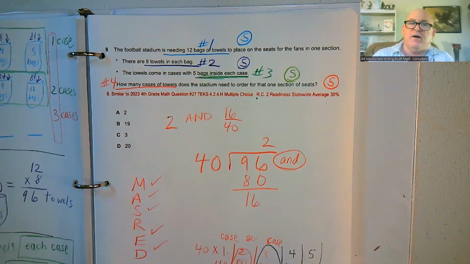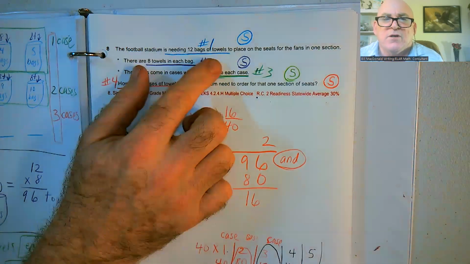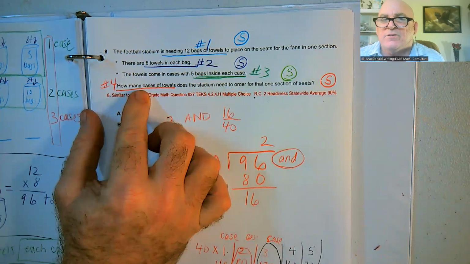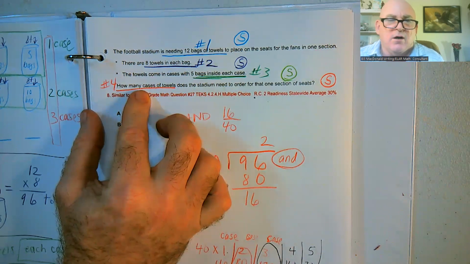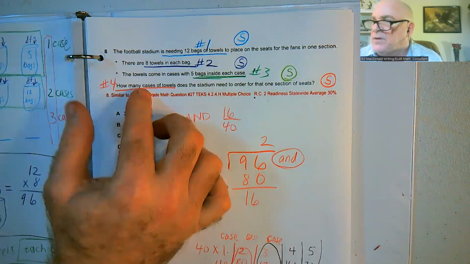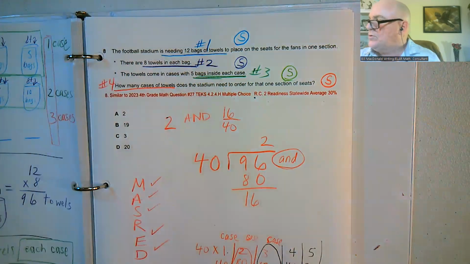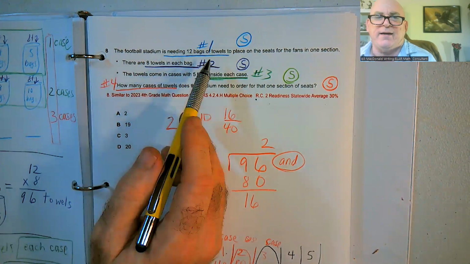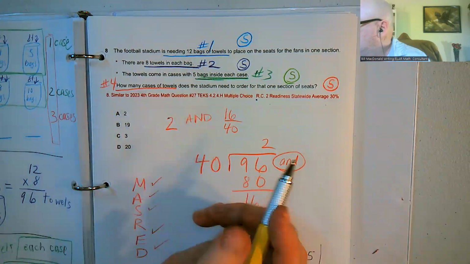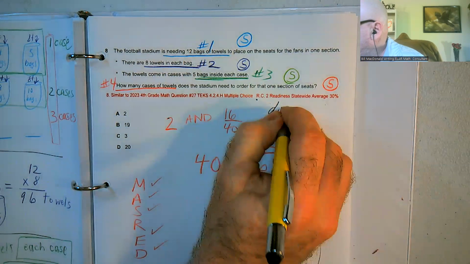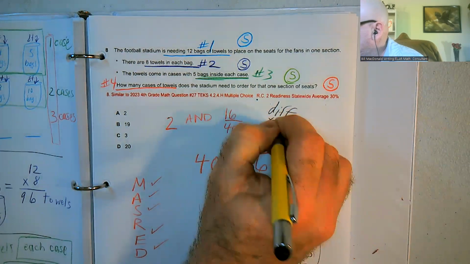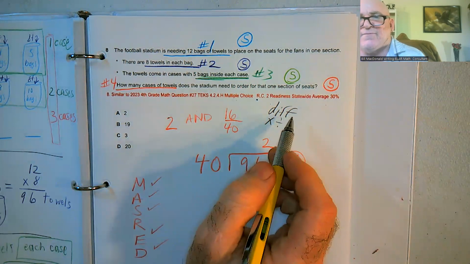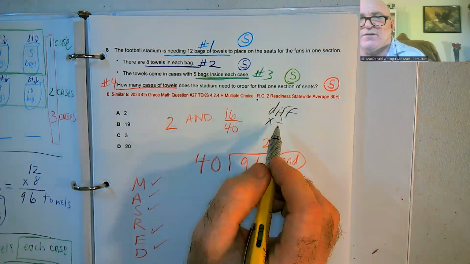So let's take a look at just keywords, 12 bags, how many cases. So I already know, since the keywords are not the same, whenever you notice that the keywords towels, bags, cases, it might be a good idea for your students to write diff, not difference, but different, that the keywords are different.